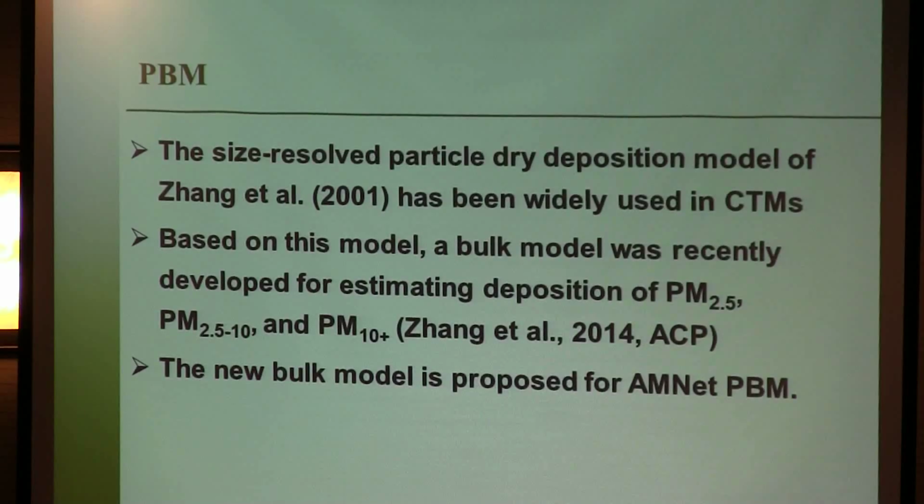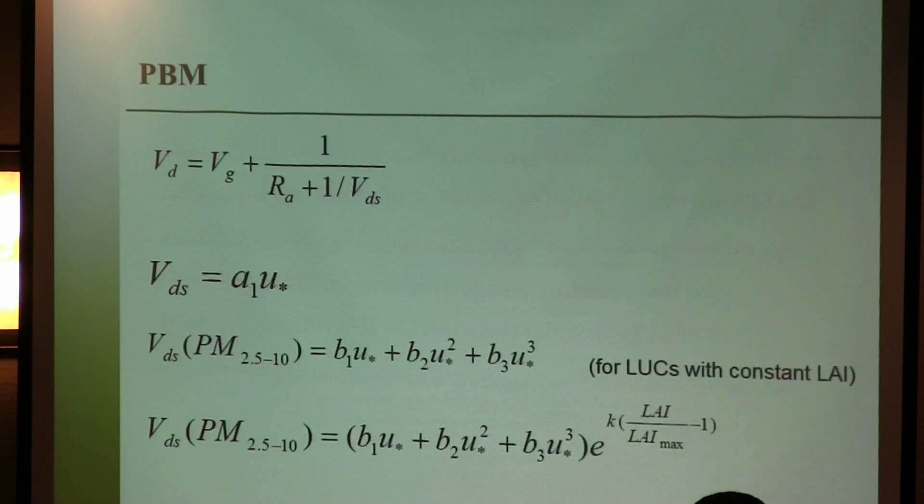Because of the knowledge gained from that study, and because the monitoring networks only collect bulk PM2.5 or bulk PM, I think it's convenient to further extend this model to the bulk ones. So I propose to use this one for MNet. Okay.